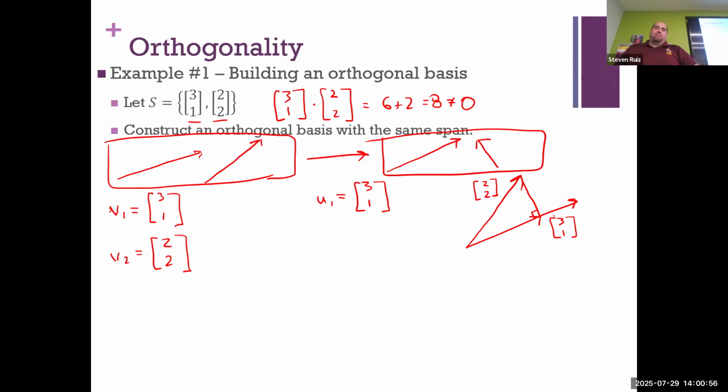So here's the game. (2, 2) has these two components. I don't want this one. I want this one, the one that's going to be orthogonal to U1. So if I can identify what those two pieces are, then I get the thing I want. So how can I identify what these two pieces are?